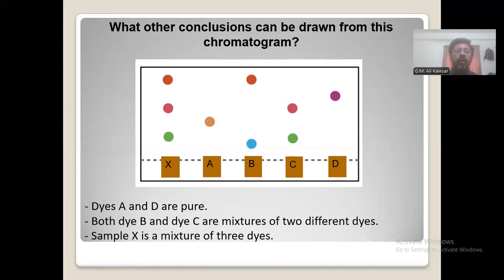If we analyze A, there is only one spot, that means A is pure. And if we analyze D, we also got one spot, so that is also pure. B and C contain two different dyes, which means they are mixtures.